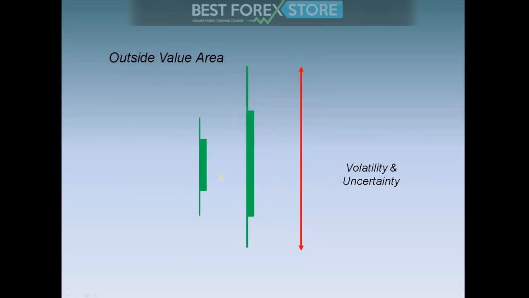All right, now what happens when we see this type of an action? I get one day with a rather small value area, and then the next day a huge value area that encompasses the prior value. It almost looks like it sort of magnified the value area here. Well, what this is really telling me is there's volatility and uncertainty in the market.